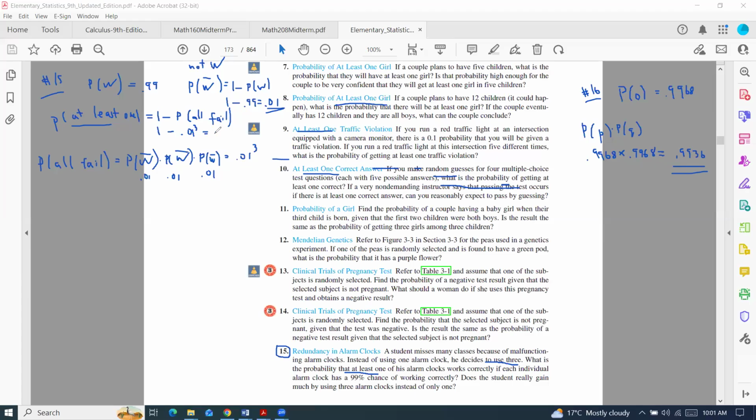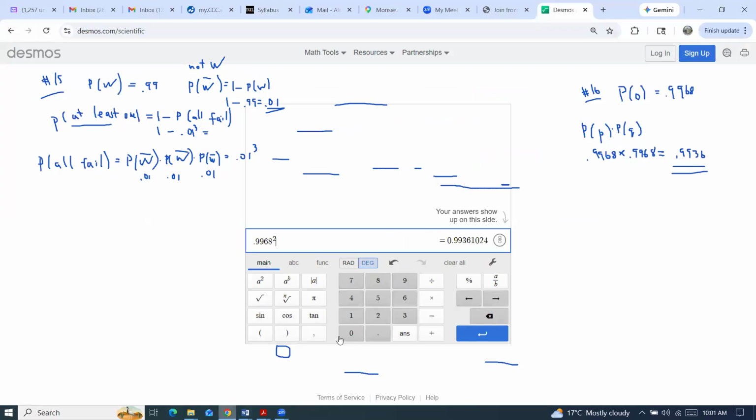Not all of them fail, but at least one did not fail, or more. It's fine. And okay, it's calculator. So it looks like 1 subtract 0.01 to the power of 3. And notice it's 0.999999. So it's a very high chance that the student will make it to the test.